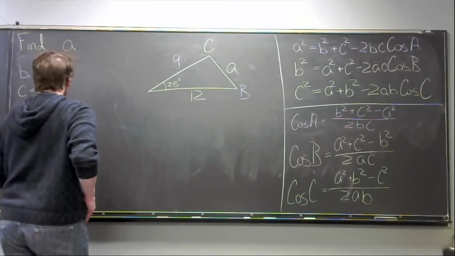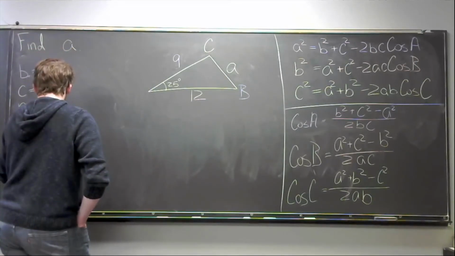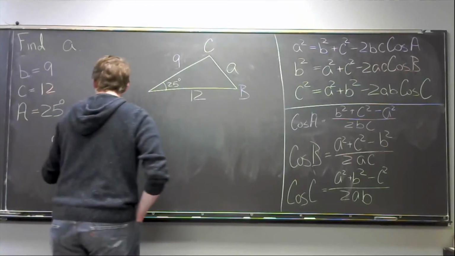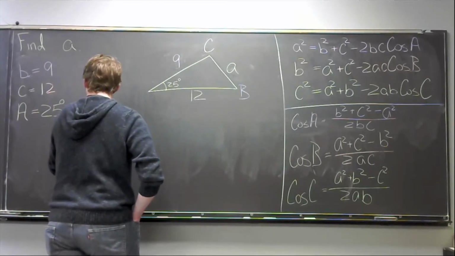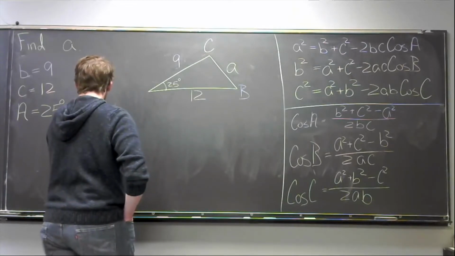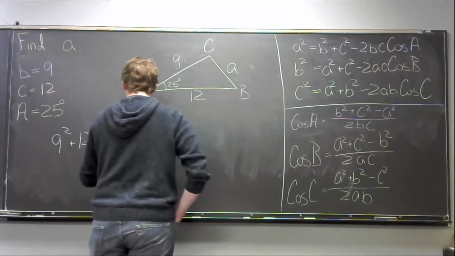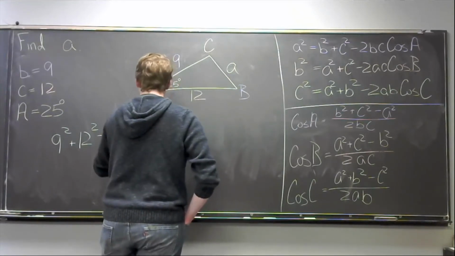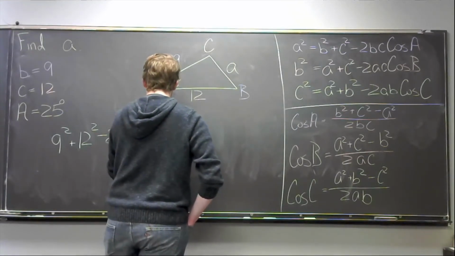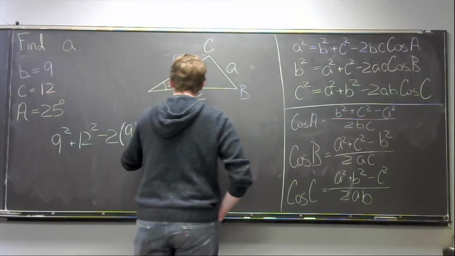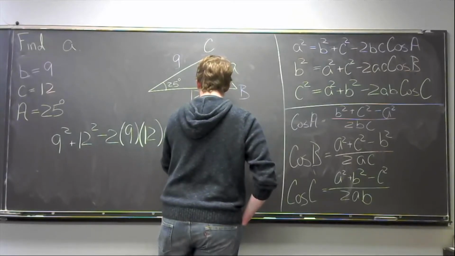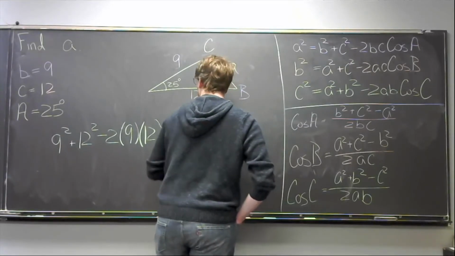Putting those all in, we've got 9 squared plus C squared minus 2 times 9 times C times the cosine of 25 degrees.